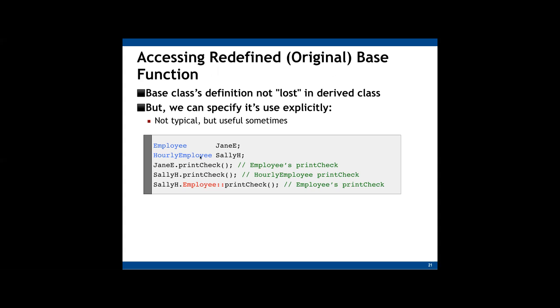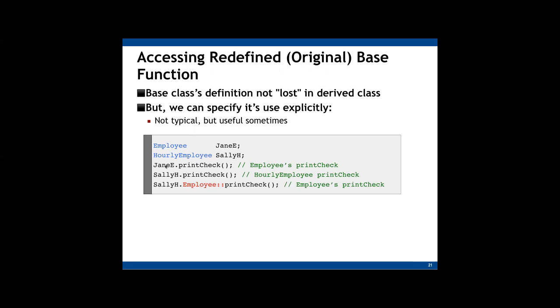As you can see from this example, we have two classes, employee and hourly employee. We saw these classes in the previous slides. This hourly employee class inherits the employee class. And here we have JE, which is an object of the employee class type, and Sally H, which is an object of the hourly employee class type.